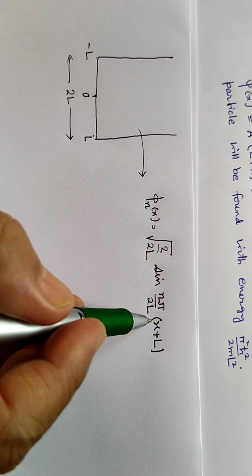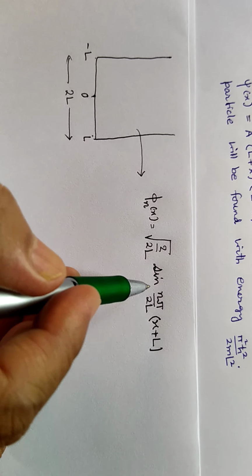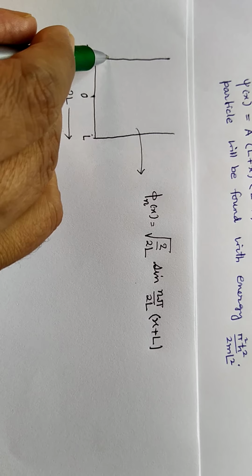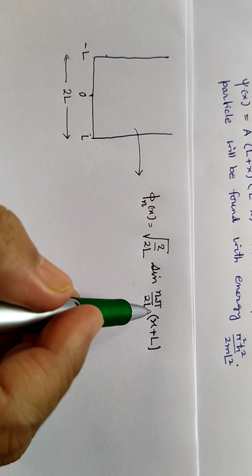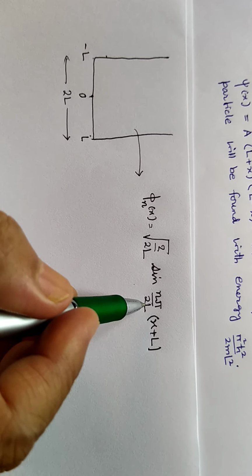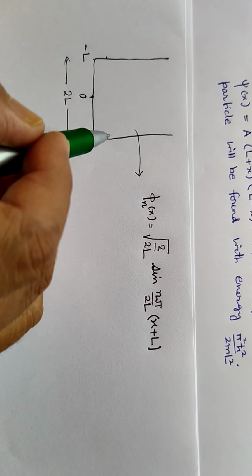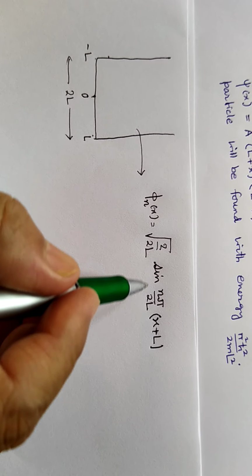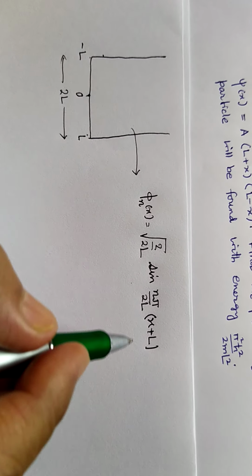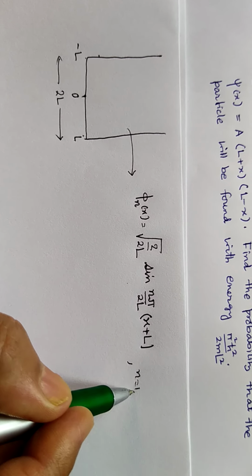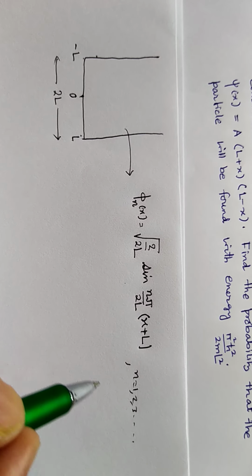You see, in this case, when x equals minus L, this is 0, and therefore the wave function at this should be 0. And when x equals L, the 2L cancels, so sine n pi is 0, and therefore it is 0 here. And therefore this wave function is fine. And n runs from 1, 2, 3, that you know.